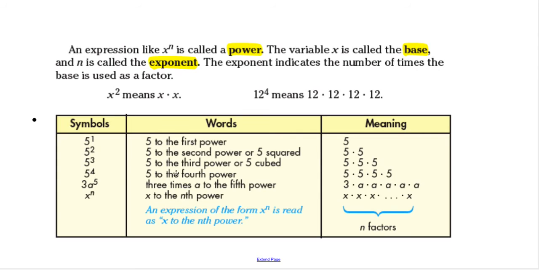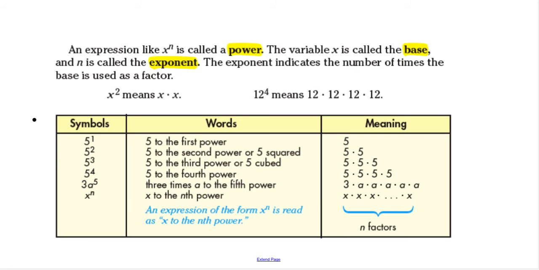Okay, 5 raised to the 4th power is 5 to the 4th power, and this is 3a to the 5th power, 3 times a to the 5th power, which means 3 times a times a times a times a, and x to the nth power is simply x used as a factor n times. So you don't know how many times x is used as a factor unless you identify what the value of n is, and that is also read as x to the nth power.